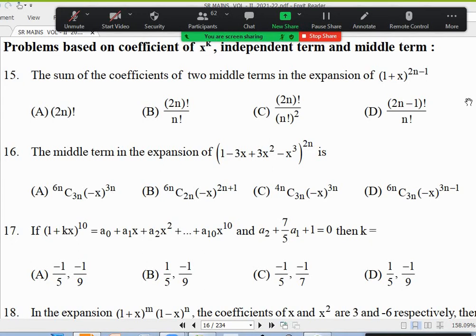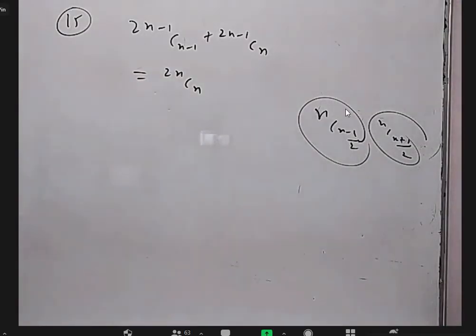And for this there is one extra. So nCr plus nC(r+1) is (n+1)C(r+1). So it will be 2n Cn. Is it correct? nCr plus nC(r+1) is (n+1)C(r+1). For this, one extra is this. Out of these two, the bigger quantity. They wrote the answer in terms of 2n directly, option C: (2n)!/(n!)².